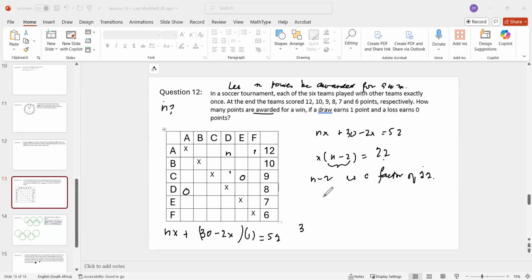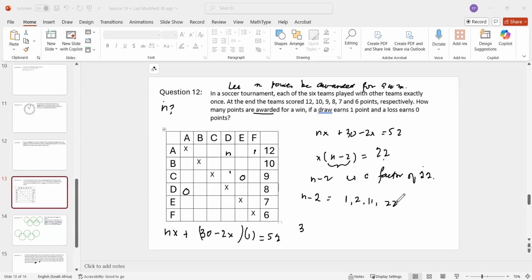Right? Which means that n minus 2 is one of these. What are the factors of 22? It's 1 or 2 or 11 or 22. There are only 4 factors for this. So which one is it? Now you can eliminate most of them. I'm not going to do that by arguing in a certain way.